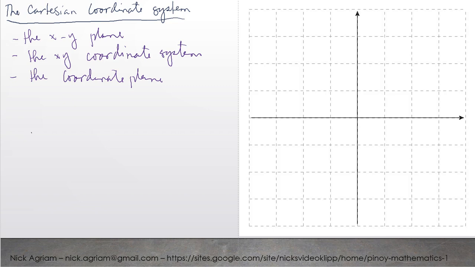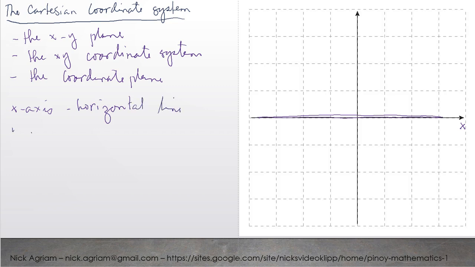Okay, what is the Cartesian coordinate system? It is two lines that are perpendicular to each other. This is the line. The horizontal one, we call the X-axis.